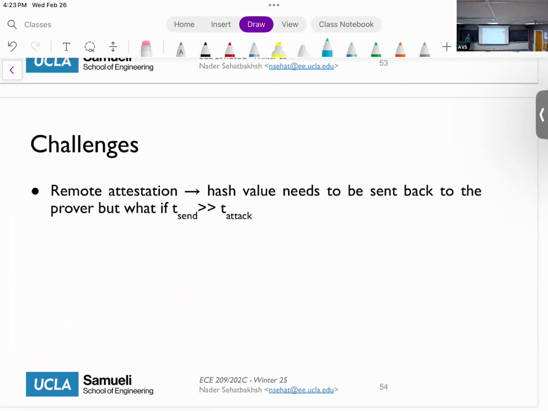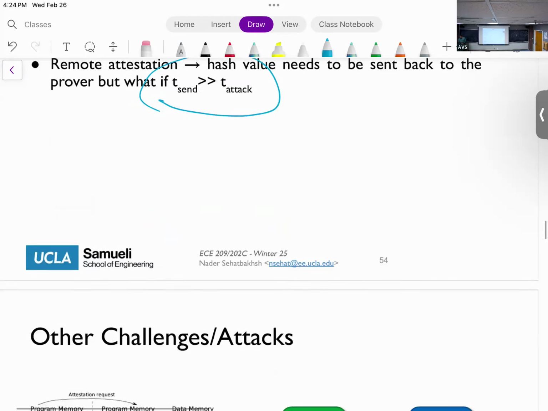As I said, an obvious limitation of this system is that if T send, the time it takes for sending or receiving the request, is much, much bigger than T attack, then the adversary will use this to their own benefit. So these are the physical limits of software attestation.